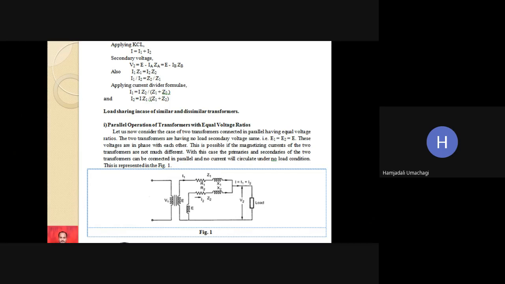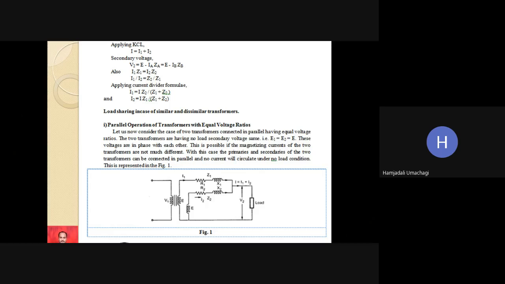So the first condition is parallel operation of two transformers with equal voltage ratios. Here we are given two transformers. This is the first transformer and this is the second transformer.